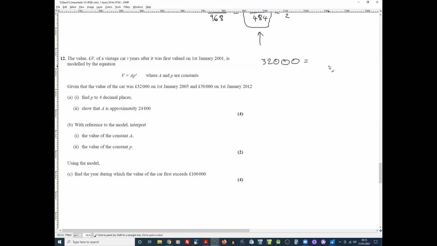What does A stand for? A and B, that's what we're going to find out, with simultaneous equations. So 32,000 equals AP to the power of T. When did they start? 1st of January 2001. So if T is in years, AP to the 4.